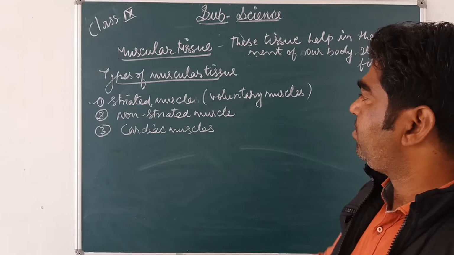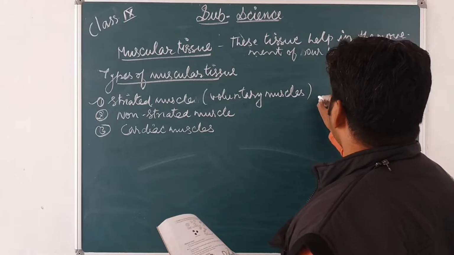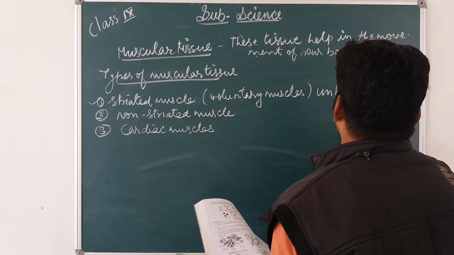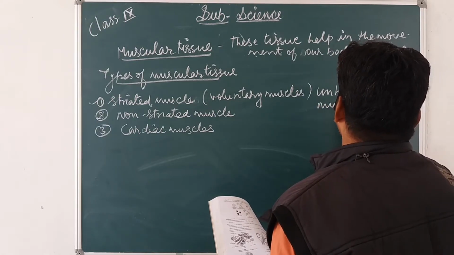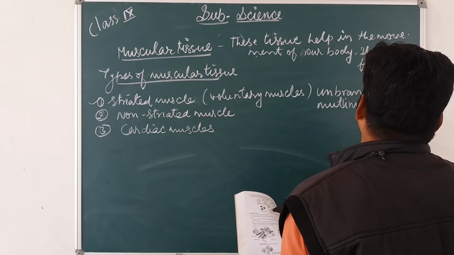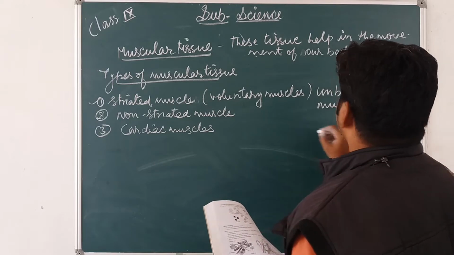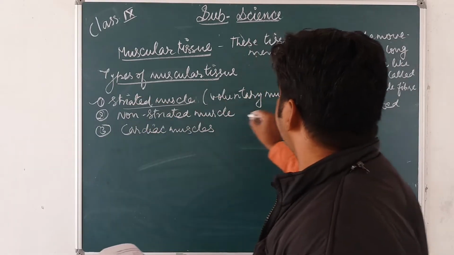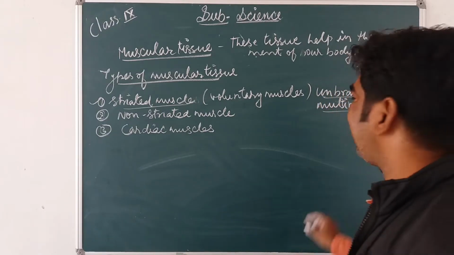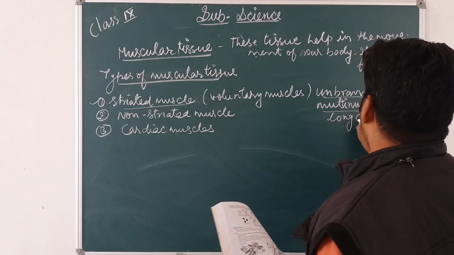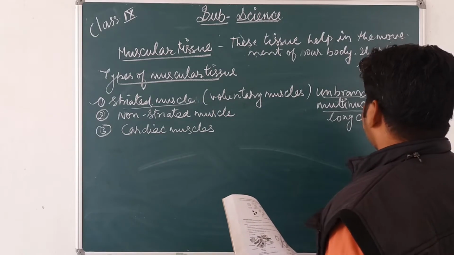And these are unbranched and multinucleated. These striated muscles are unbranched, means there will be no branches, multinucleated, long cylindrical.